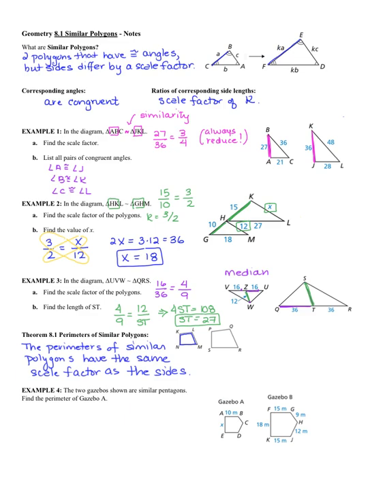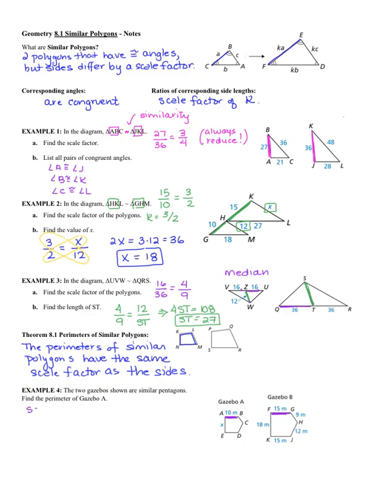All right, and this actually makes for a nice shortcut, because if you know the scale factor, you don't necessarily have to find all the individual sides. So we have here 2 gazebos shown are similar pentagons, and we want to find the perimeter of gazebo A. So I'm going to assume that this side is similar to this side.